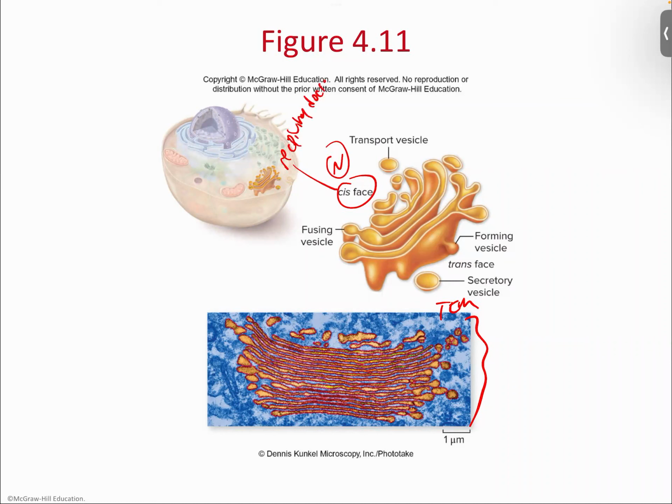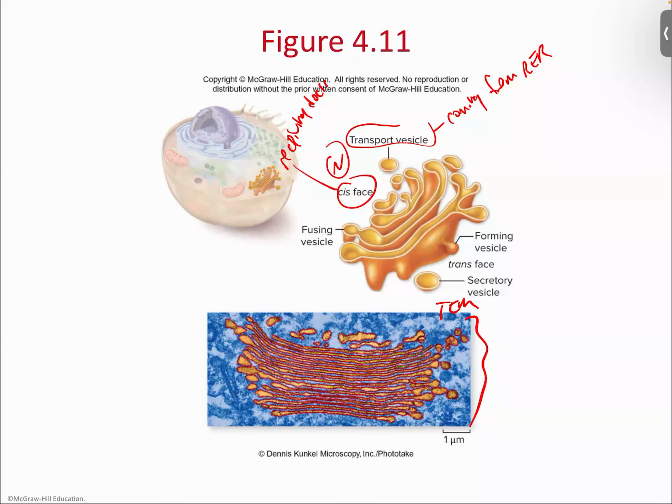You notice the transport vesicle, which had come from the rough ER, is now moving into the cis face of the Golgi. What's going to happen is it's going to dock with the cis face. Just like soap bubbles, when they meet each other, they fuse together.